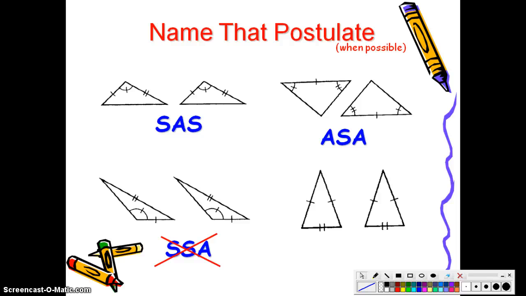So side, side, angle is not a congruence property. Okay, in our last set, I have an isosceles triangle, and I know it's isosceles because these markings are the same. And then the base is marked with 2, and I have another isosceles marked the same, and the base is 2, so this is congruent. This time all 3 sides are marked, so it's going to be side, side, side.